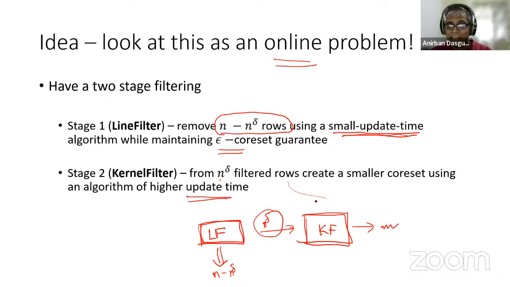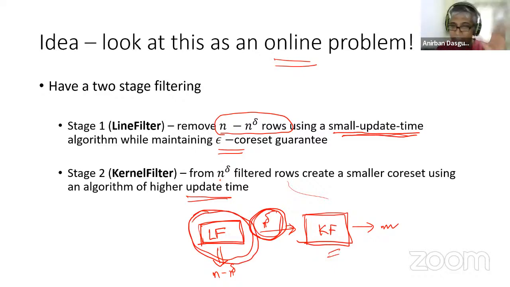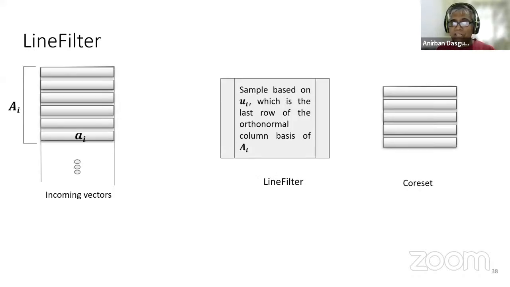But notice that because the second one only receives n to the delta data points, the amortized update time is really controlled by the first algorithm. So the first algorithm is really fast. That's the intuition. So let's see what the algorithms are.